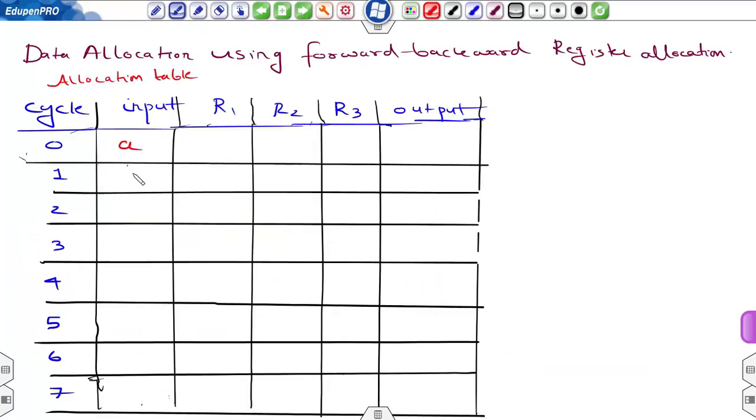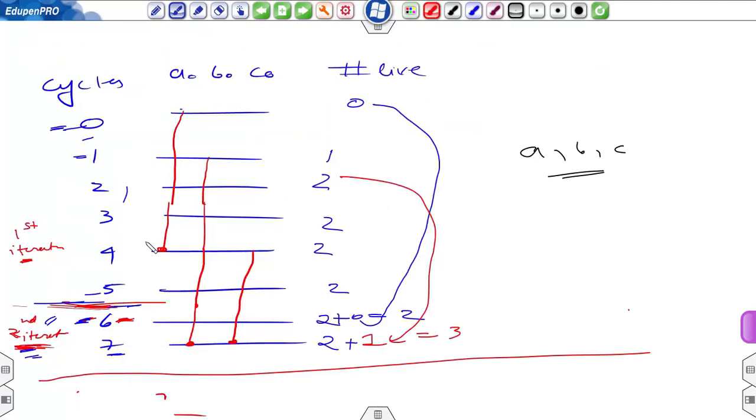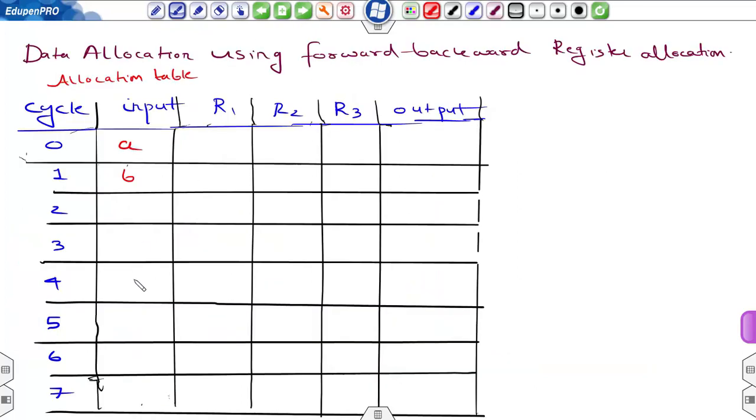So B is produced at interval 1, that is cycle 1, and C is produced at the 4th cycle.